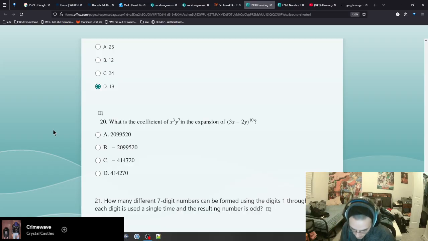A times, wait, what? A times b coefficient? Let's just say the coefficient is 3 and negative 2. So we got (3x plus negative 2y) to the 10th power. What is the coefficient of x cubed? So k equals 3.